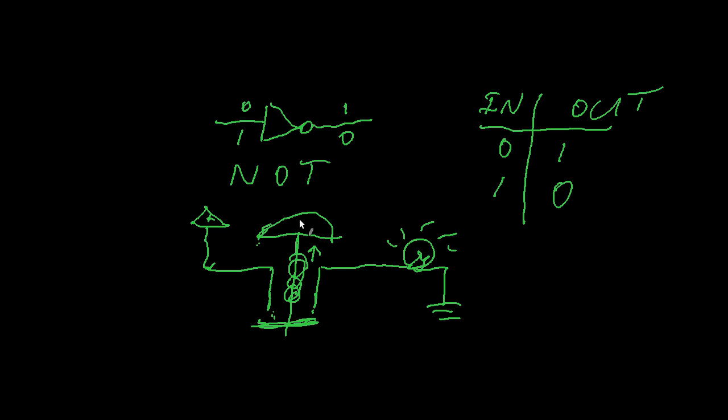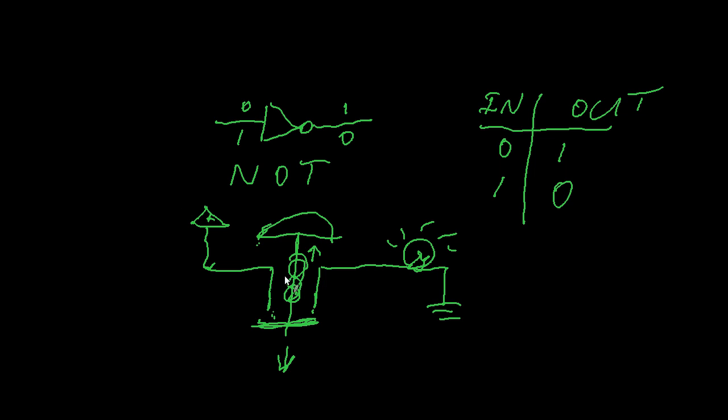Now, when we push down on the button, exactly the opposite happens, because then we're pushing the bar away from these contact points, and opening that connection, the light goes off.